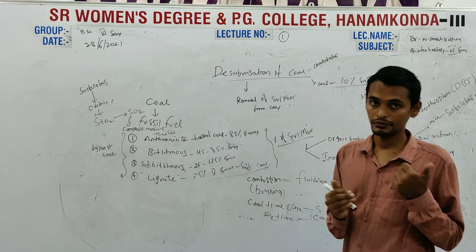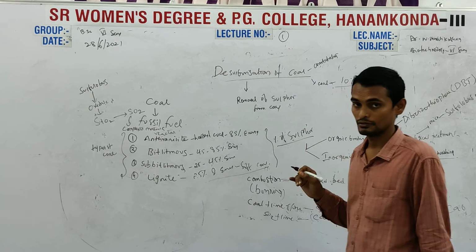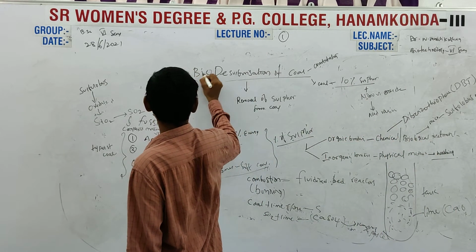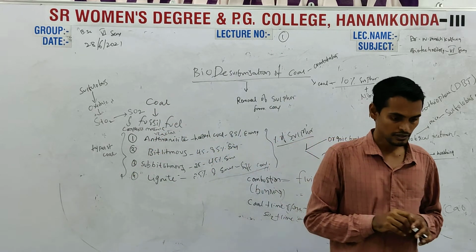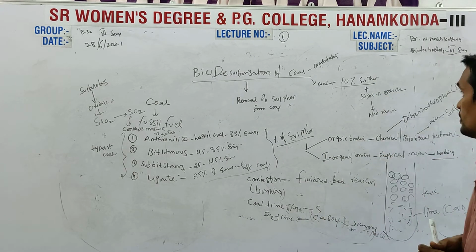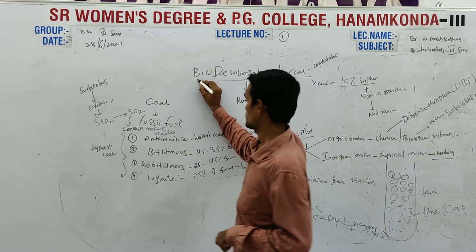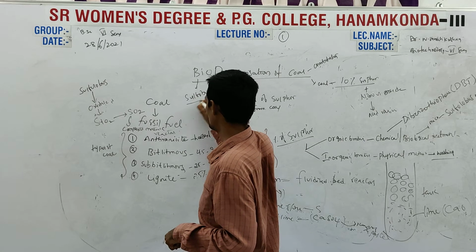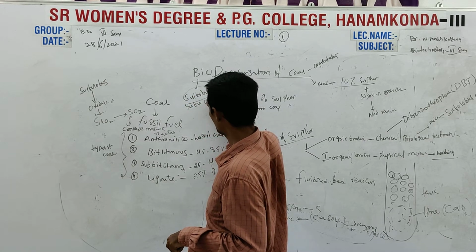If you use bacteria or other biological systems for desulfurization, it is called biodesulfurization. So the oxidation of sulfur from coal by using biological organisms such as Sulfolobus, which is nothing but a sulfur oxidizing bacteria.